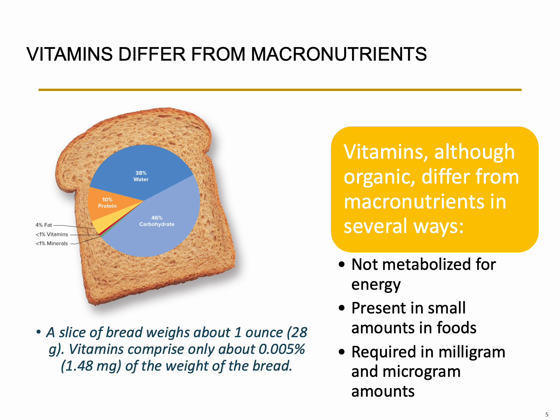And the bread is about 28 grams. That's a pretty massive difference, right? So 28,000 micrograms, or milligrams, sorry. That gives you an idea of the scale. So vitamins and minerals are present in very small amounts.